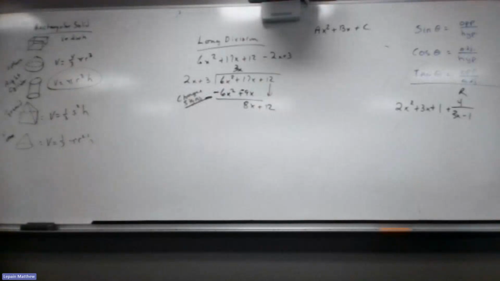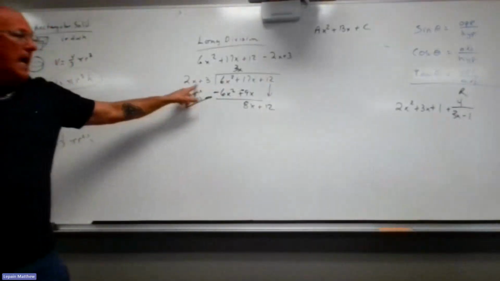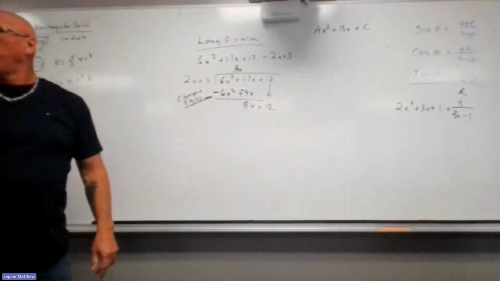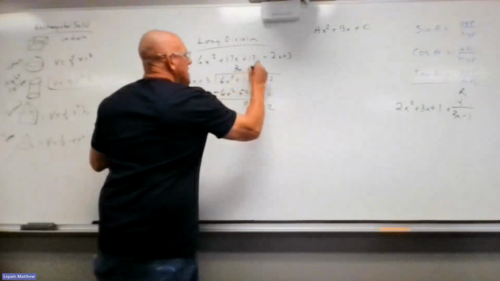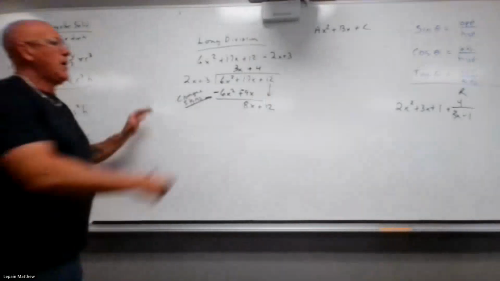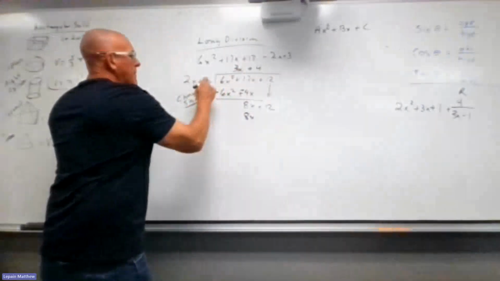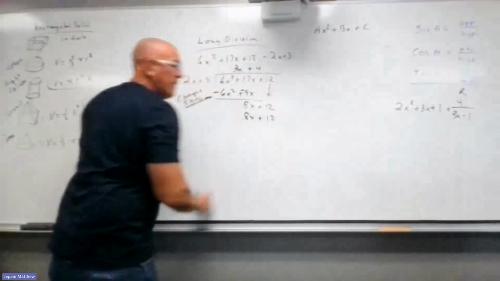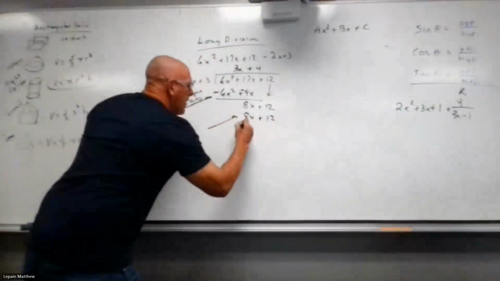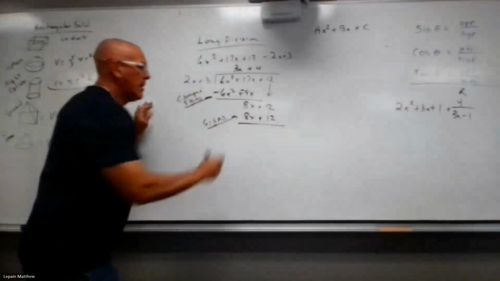Do the exact same thing. What would we multiply 2x by to get 8x? Plus 4. 4 times 2x is 8x. 4 times 3 is a positive 12. Change signs.